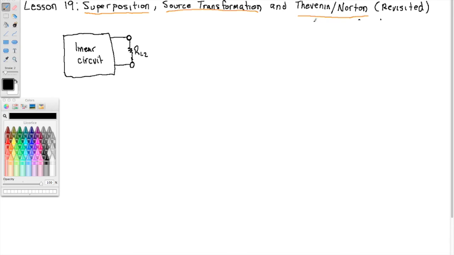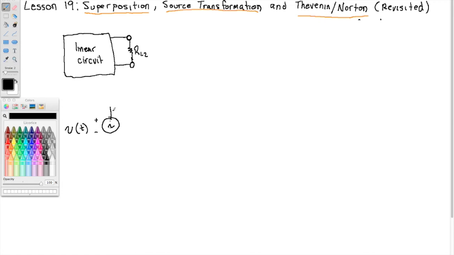Well, it turns out Thevenin's theorem says that this linear circuit can be written as a voltage source. I guess we've been using the squiggle to show an AC waveform.